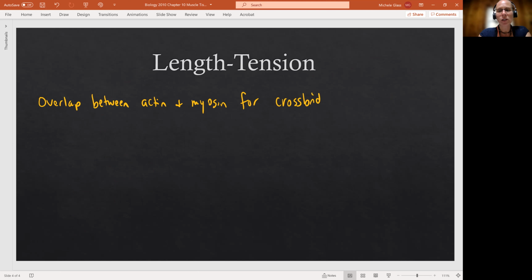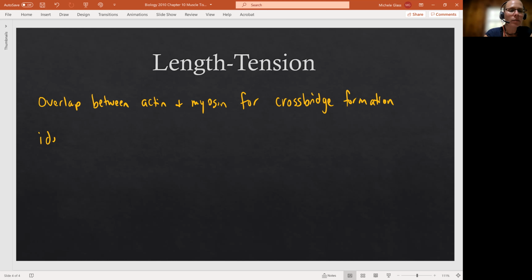Cross bridge formation, remember, is when that myosin head reaches up and grabs hold of the actin. That was the formation. So clearly, in order for a myosin head to grab hold of an actin, there has to be one in proximity, and that's what we saw in that zone of overlap.